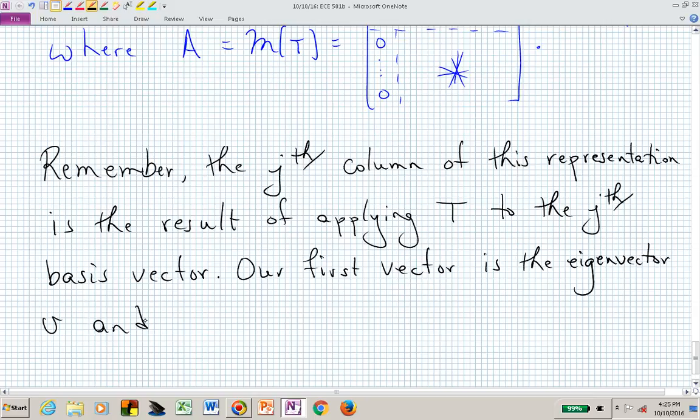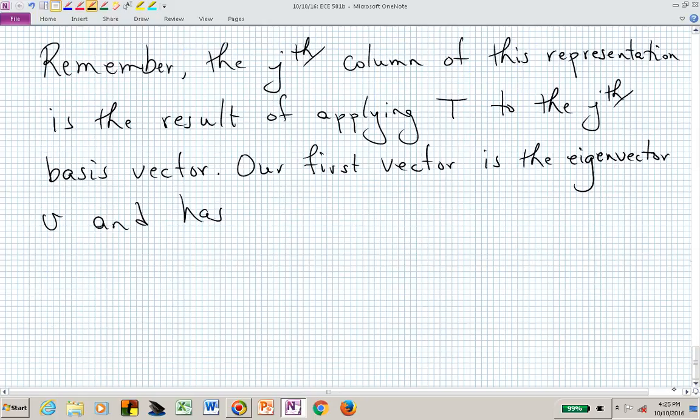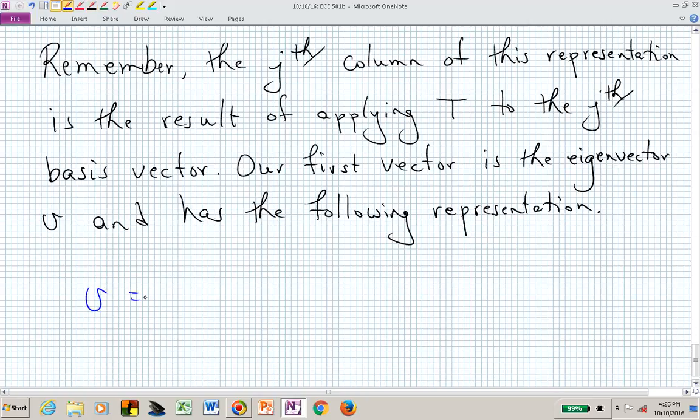We can think of that v in terms of being expressed as a linear combination of our basis vectors, and it has the following representation, where v now needs to be some linear combination of v, w1, w2, up to w sub n minus 1, where all of these are our basis vectors.